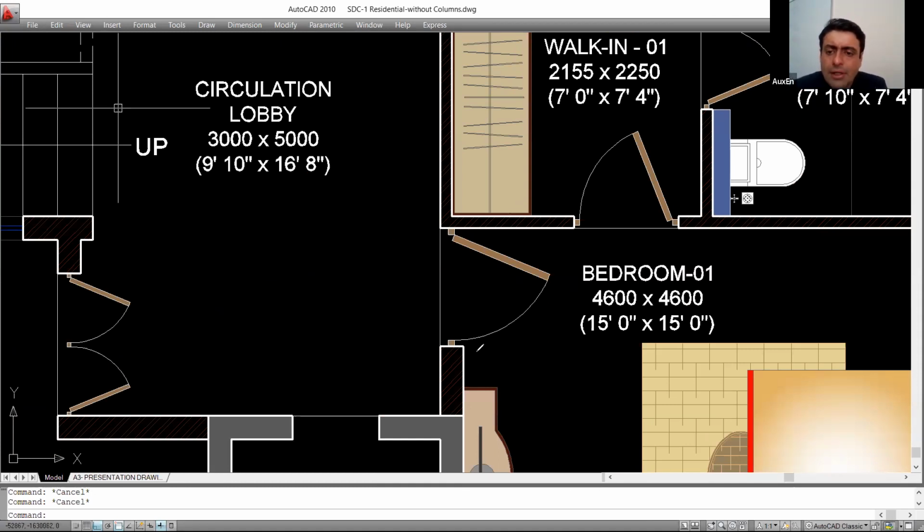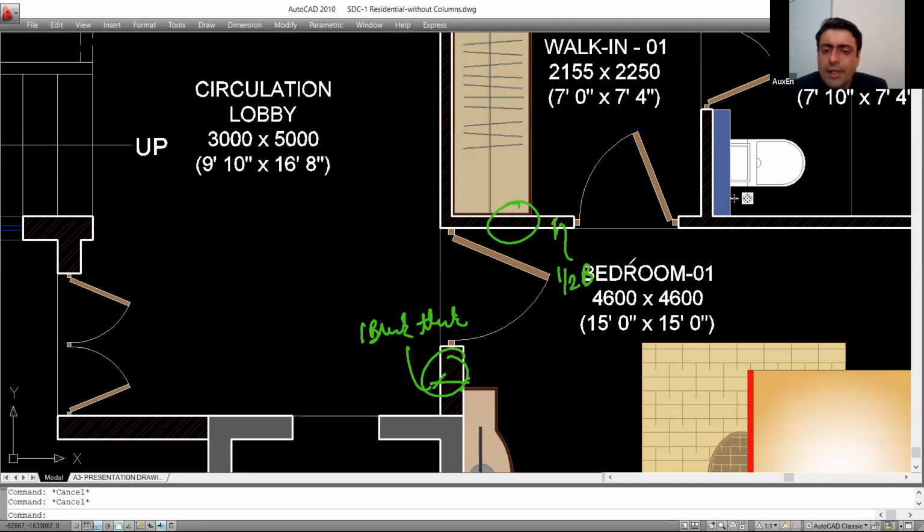One is this brick wall and one is this brick wall. So what is the difference? So this is one brick thick wall. We call this a one brick thick wall. Okay, this is one brick thick wall and this is half brick thick. So this will be a half brick thick wall. So if this is 8 inches, we are using this as a 4-inch brick wall.